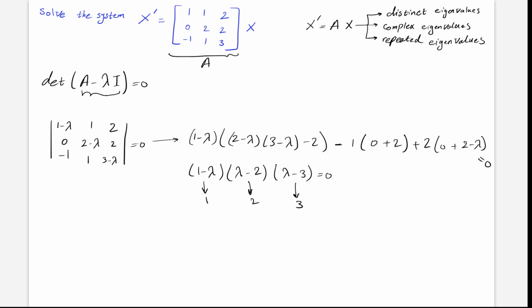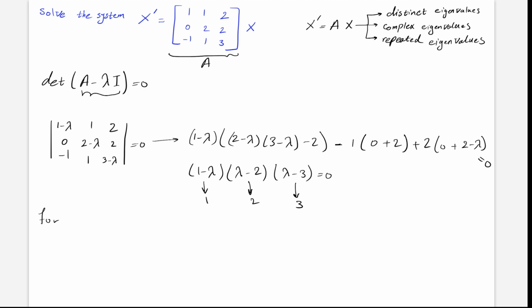Our A matrix is 3 by 3, and we found 3 distinct eigenvalues. At most, we can find 3 eigenvalues since the size of the matrix is 3 by 3. We will find the eigenvectors corresponding to these eigenvalues, and they must be independent, and we will see why.